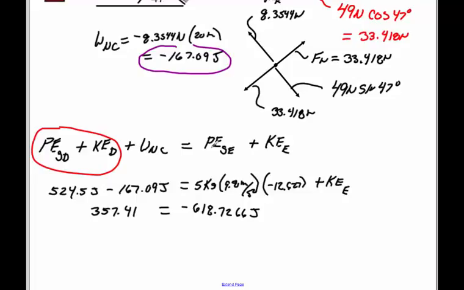So that's the gravitational potential I'm going to have at E. If we move this back to the other side, so I'll take 357 plus the 618.